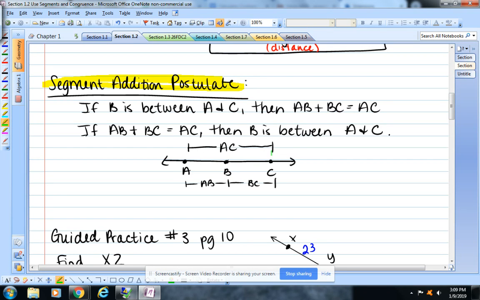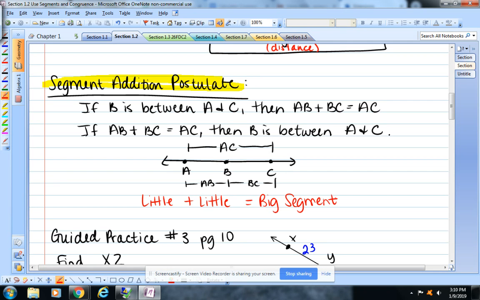The length of AC, which is the longer segment, will be the length of segment AB and the other small segment BC combined together. I like to simplify this by saying little segment plus little segment equals the big segment. Little plus little equals the big.